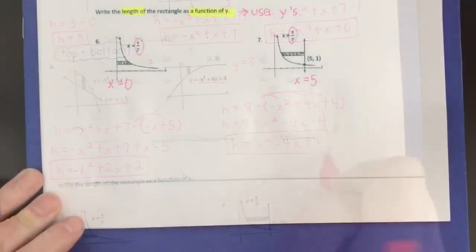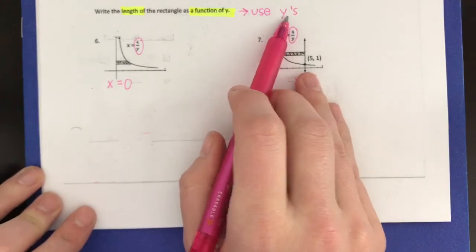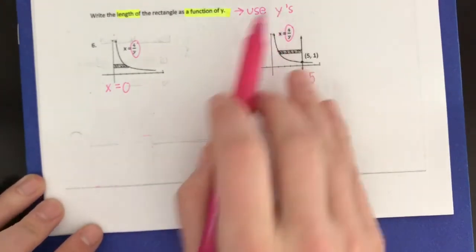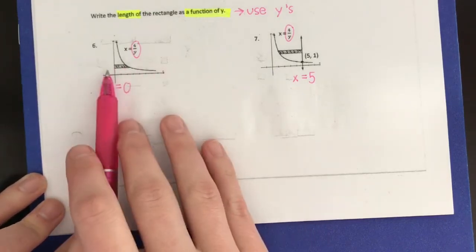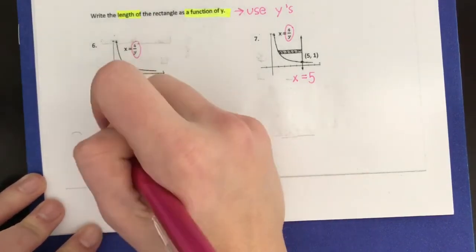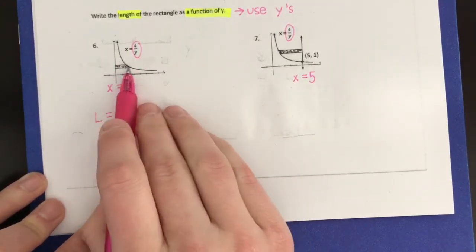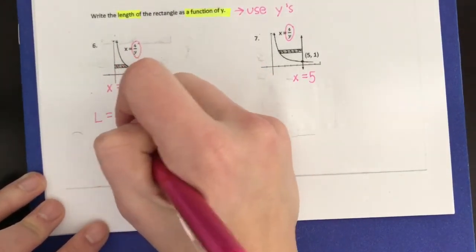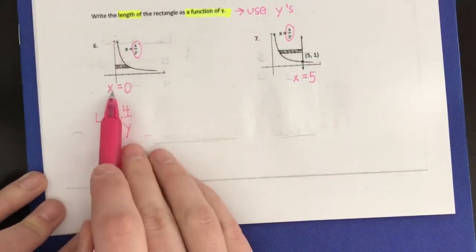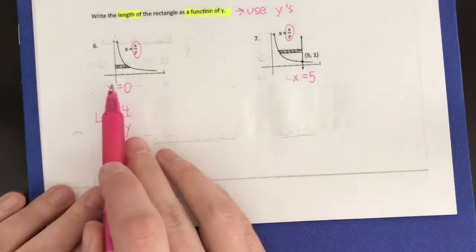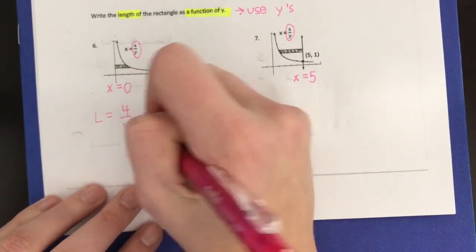Not bad, right? Now we're going to be writing the length of a rectangle as a function of y. So using y's in the final answer. So instead of top minus bottom, now we will be doing right minus left. Okay, so in this case, our length would equal, my rightmost function here is 4 over y, while my leftmost equation, this is not a function, x equals 0 is not a function, my leftmost equation is x equals 0, so minus 0.